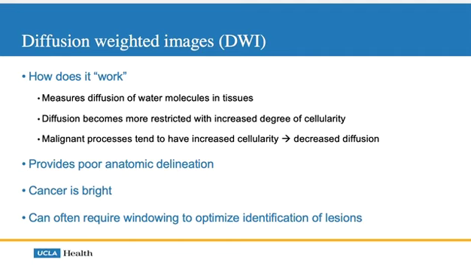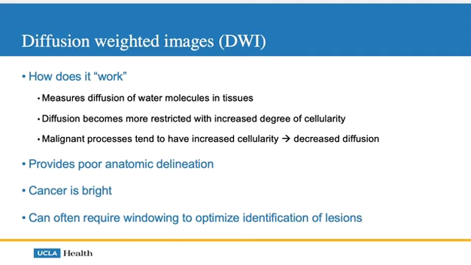So cancers tend to have increased degrees of cellularity, and as a result, that results in a decreased ability of these water molecules to diffuse. So that's the basic kind of layman's description of the physics of how this works. Increased cellularity leads to increased tissue density, which leads to decreased level of diffusion.